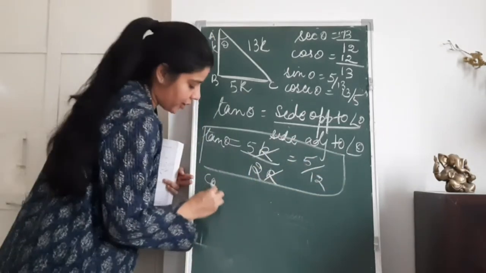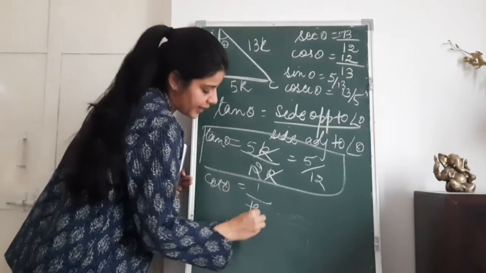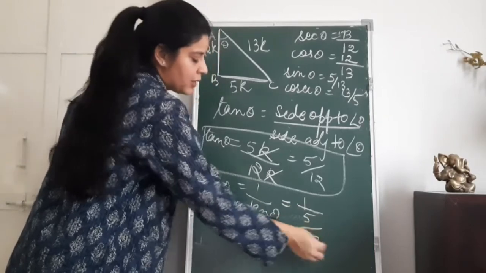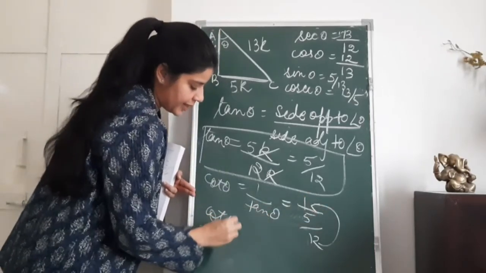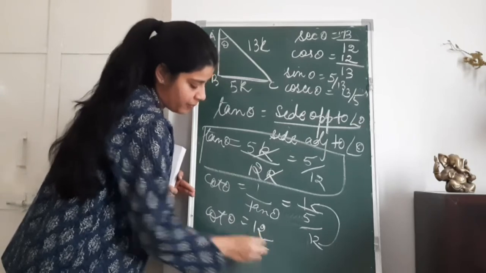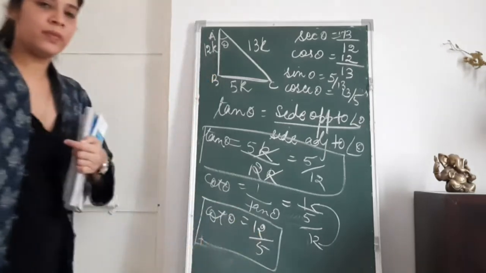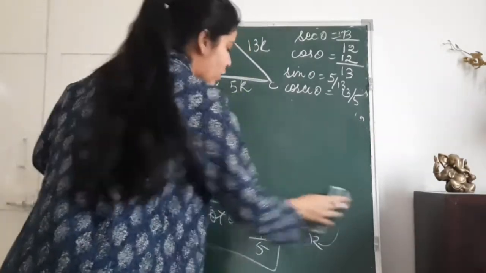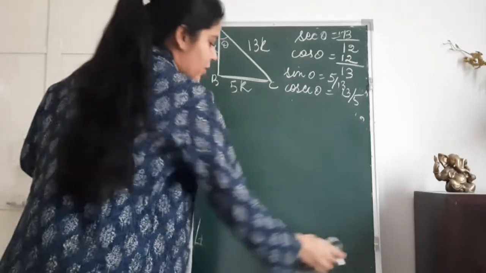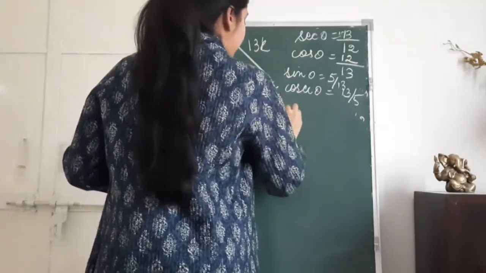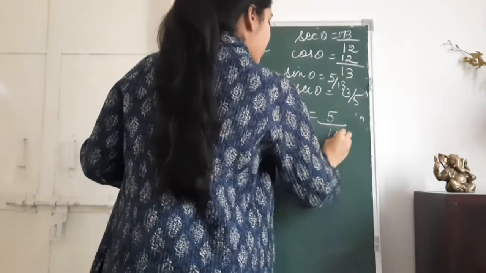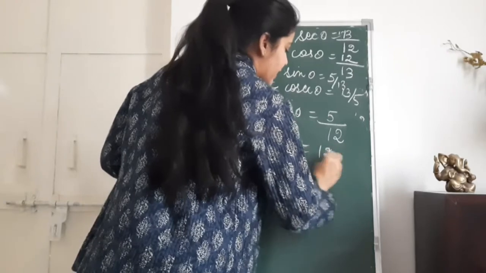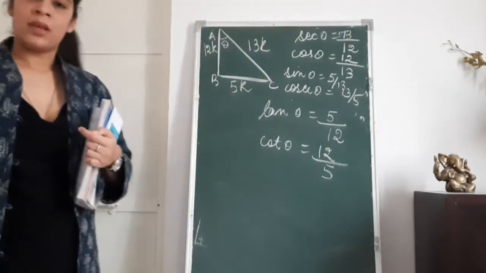Cot theta is equal to 1 upon tan theta, which is 1 upon 5 by 12, so cot theta is equal to 12 by 5. So tan theta is 5 by 12 and cot theta is 12 by 5.